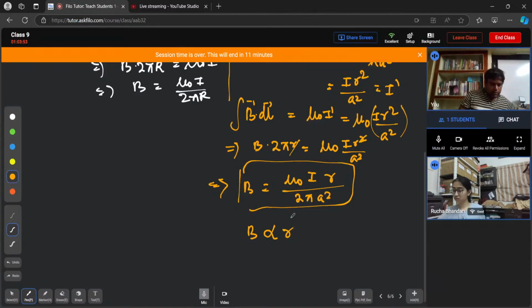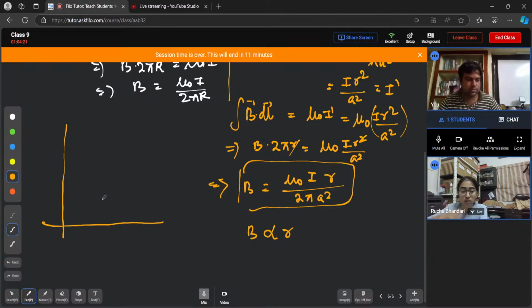If we draw a graph inside and outside, how will the graph look like? Inside it will be a straight line, increasing up to radius a. We draw a graph of B versus r.